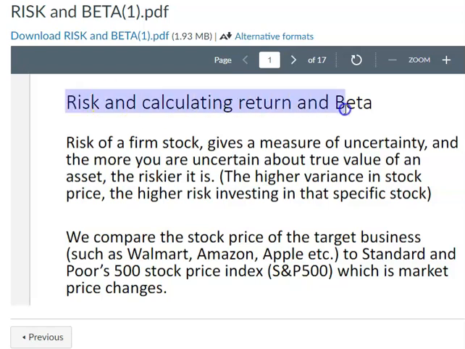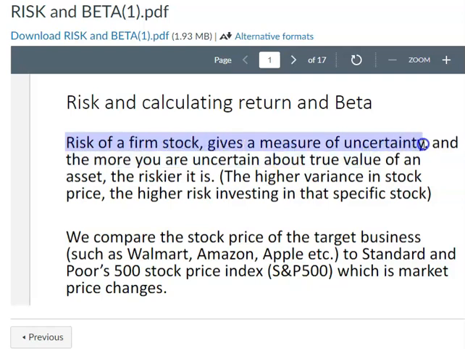Risk and calculating return and beta, that's the topic. Risk of a firm stock gives a measure of uncertainty, and the more you're uncertain about the true value of an asset or a stock, the riskier it is. So the higher the variance in stock price, the higher the risk investing in that stock.